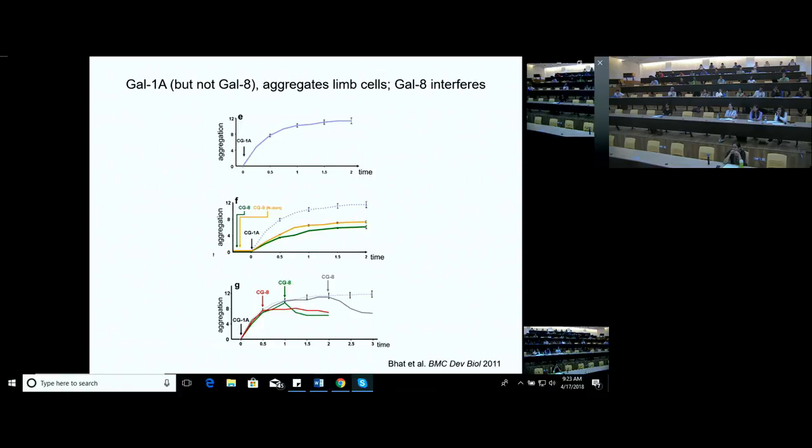The only thing that's known about them is that they bind the galectins, and you can assay for them by having labeled galectins and asking whether the cells pick up the labeled galectins. And we found that CG1A induced its own cell surface ligand, which tended to make it stick to the cells more avidly because it was inducing its own binding modality.